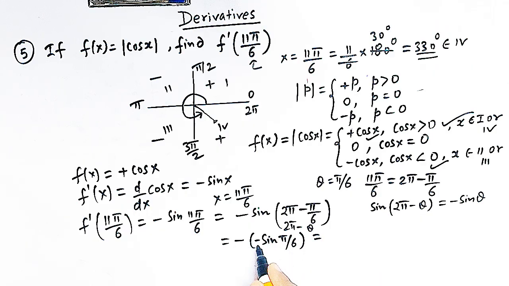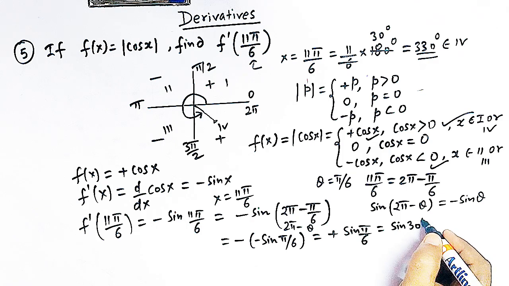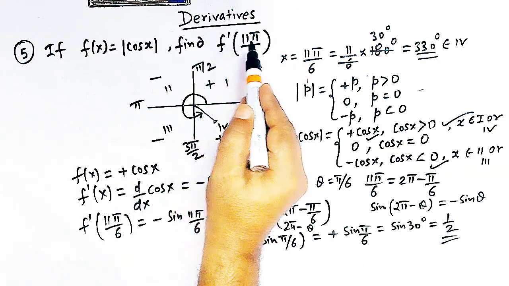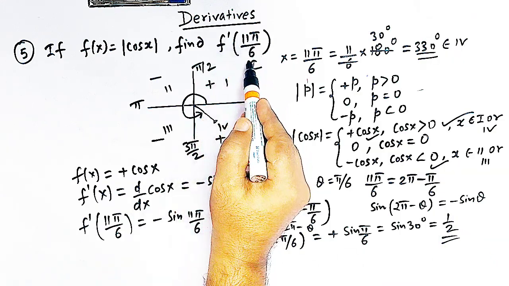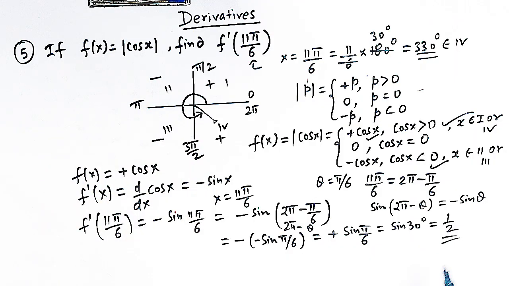So here negative and negative becomes positive, and here we have sine pi over 6, and this is sine 30 degrees, that is equal to half, right? So the value of sine 30 degrees is half. So the value of f prime of 11 pi over 6 when f of x is equal to mod of cosine x is equal to 1 over 2. So the value of the derivative is half.